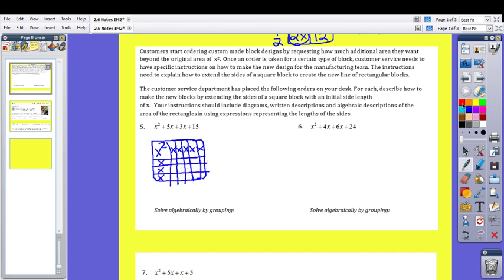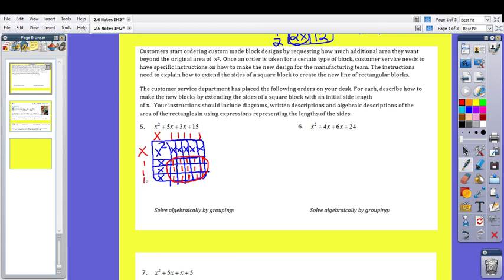If you count these, there are 1, 2, 3, up to 15. So these all together are 15. So this is your x, this is your 5 ones, and then these are your 3 ones.